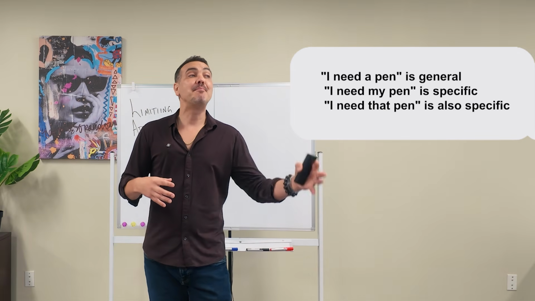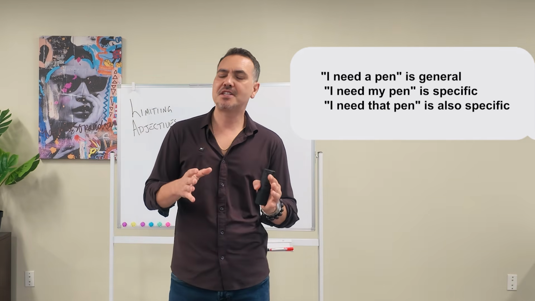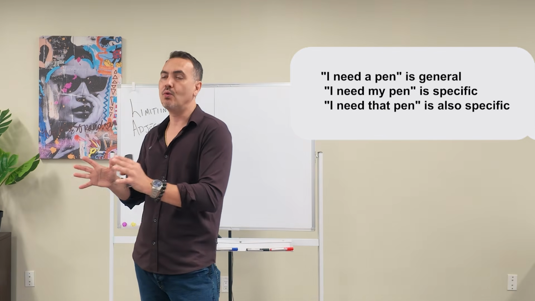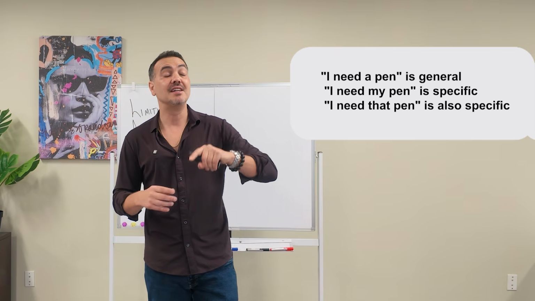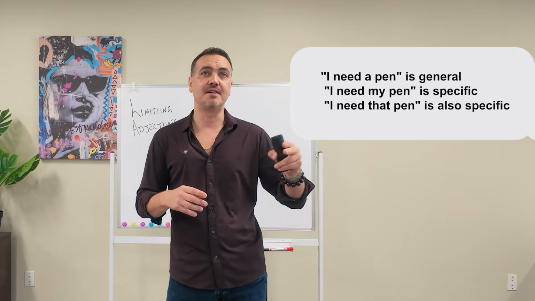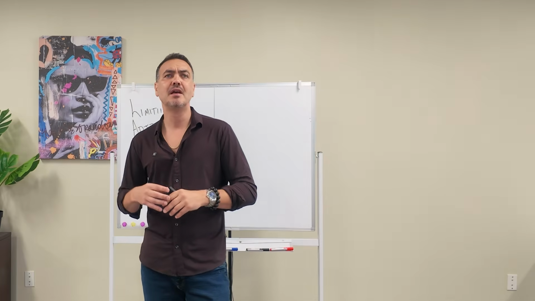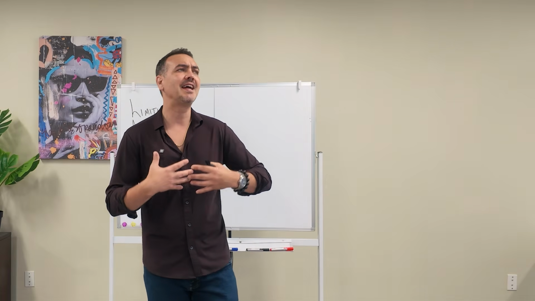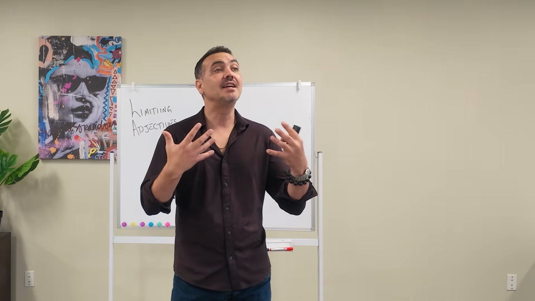I need my pen is very specific. It limits the choice to my pen only. I need that pen is also very specific. It limits the choice to that particular pen. The more specific you are with limiting adjectives, the clearer your meaning is to the hearer.